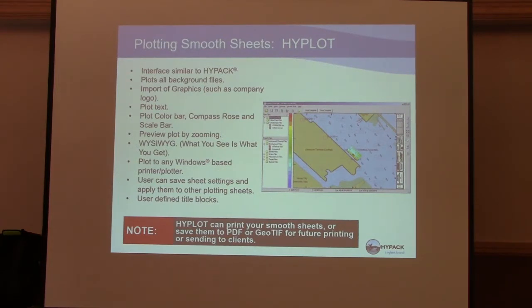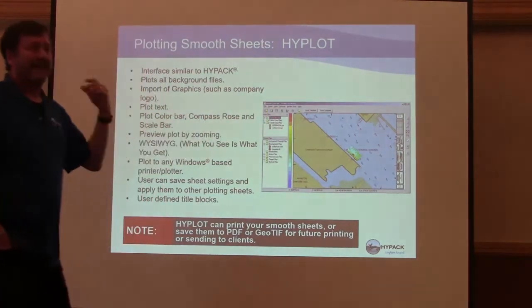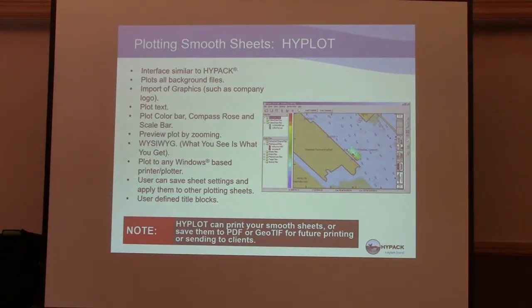Or you could use a Windows driver like Adobe Acrobat and use their PDF writer if you want. Once you have the sheets set up the way you want, you can save the templates so you can reload them, and it will load the title block and the compass rose in the same spot, using your sounding colors and sounding styles and so on.